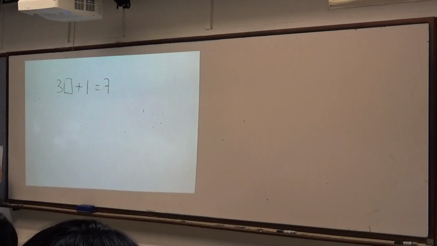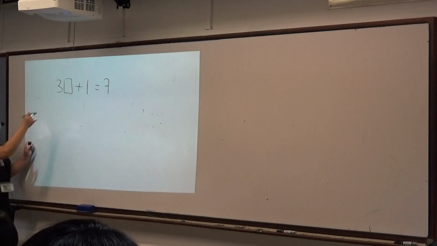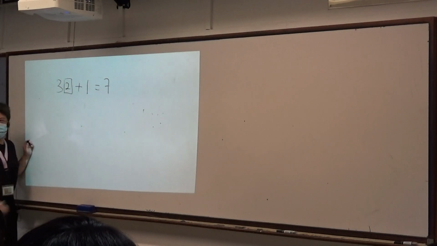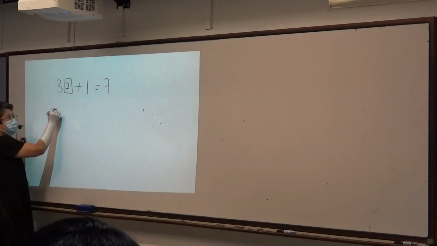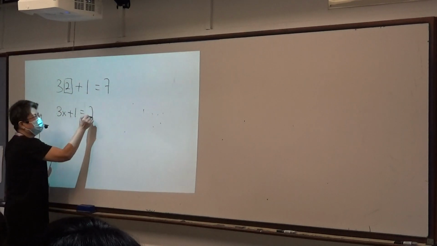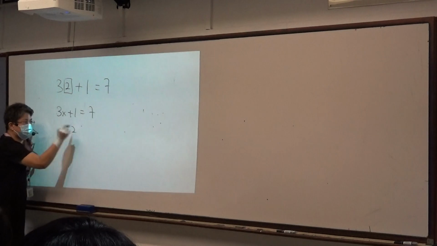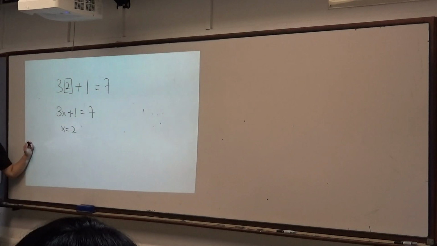It's an easy question, so we can guess. What is the answer? It's 2. Alright, 6 plus 1 is 7, right? So, in terms of algebra, we will write 3x plus 1 equals to 7, and x is actually equal to 2.